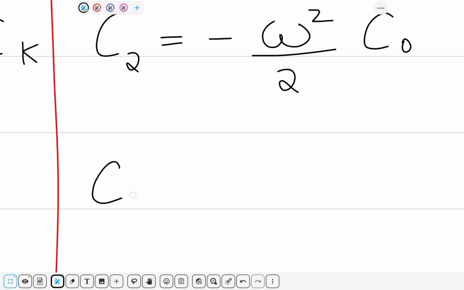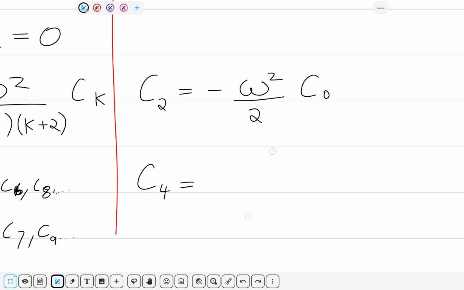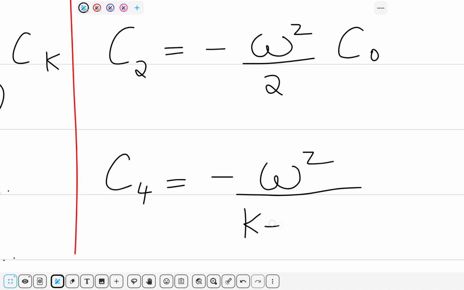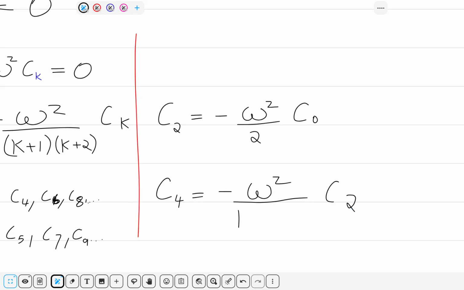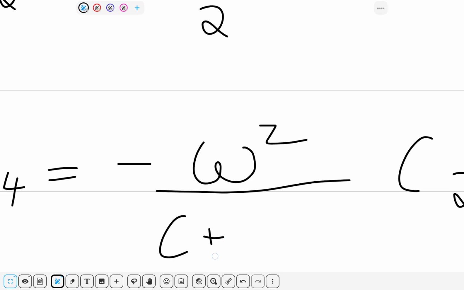And then my C4 will be C2, what will it be? It will be minus omega square by k plus 1, k plus 2. So here, with C2, it is 2 plus 1, that is 3, and times 4.